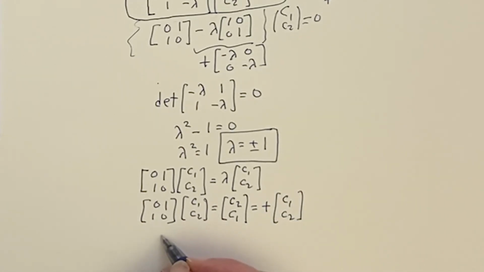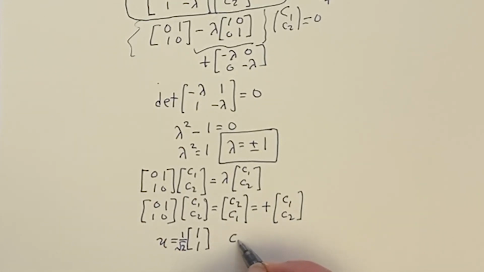So in other words, the eigenvector, which I'll call U, will be equal to 1 and 1. And what we do is put a normalization here, the square root of 2, because what we like to do is have C1 squared plus C2 squared be 1, or in general, because you can have complex things, the absolute values squared.